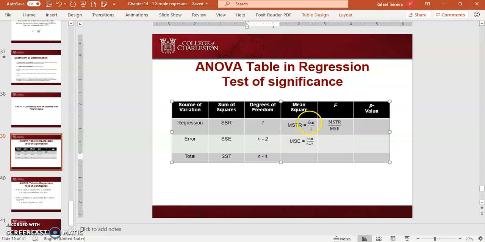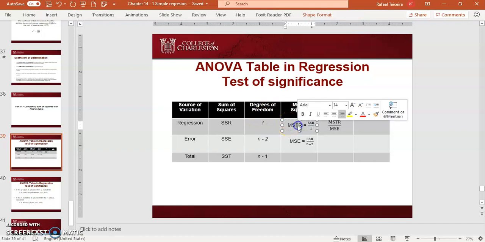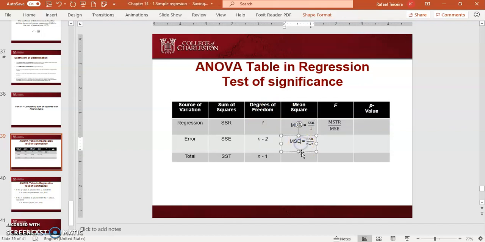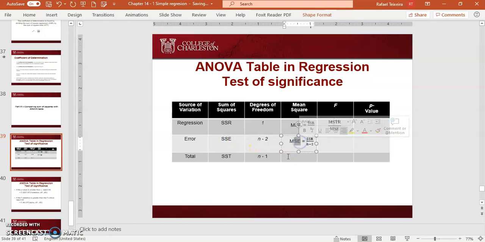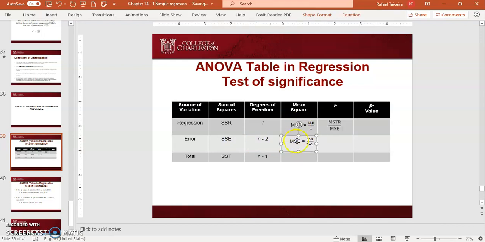Then if we divide the sum of squares by 1, if we divide this number by this number, we get the mean square regression. And if we divide the sum of squares error by the degrees of freedom, we get the mean square error. Okay, and then if we divide this number by this number, we get the F statistic.